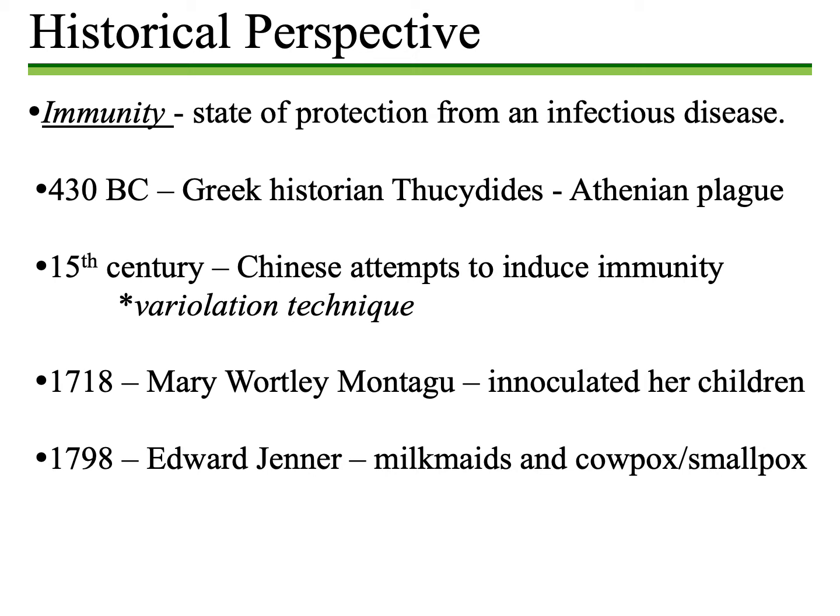Individuals with this plague had fever, red skin, coughs, violent vomiting, and black sores all over their skin. What Thucydides noted in his writings was that individuals who recovered from this particular plague could actually nurse the sick and not get sick again. And this was a really interesting concept overall.